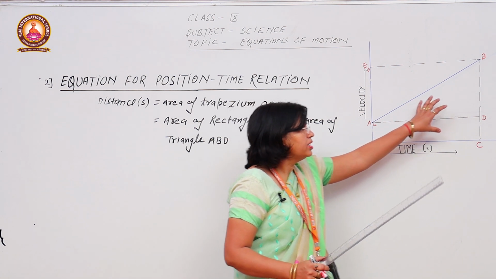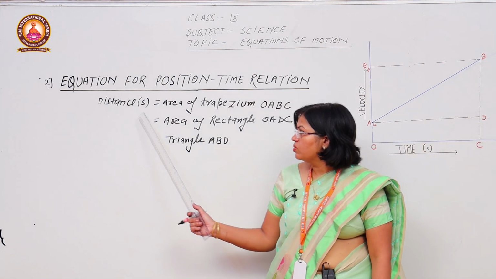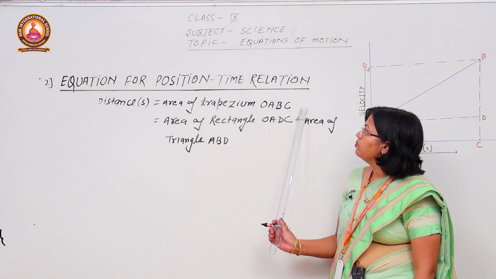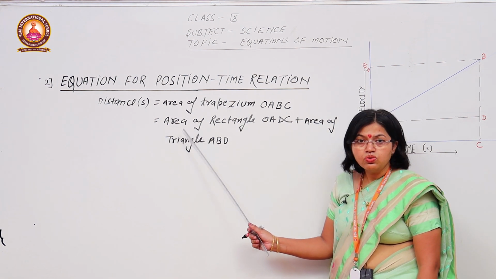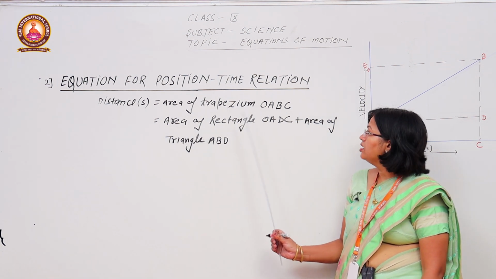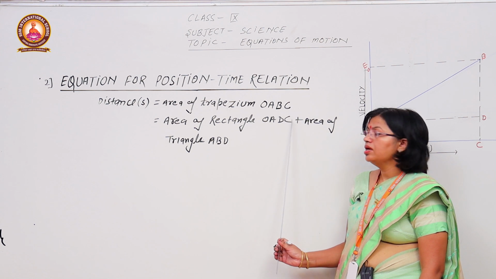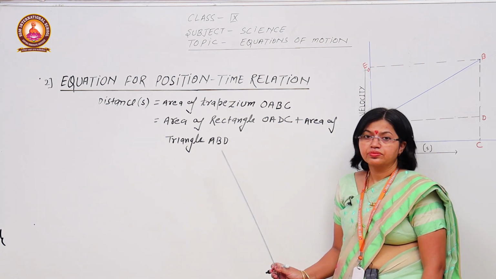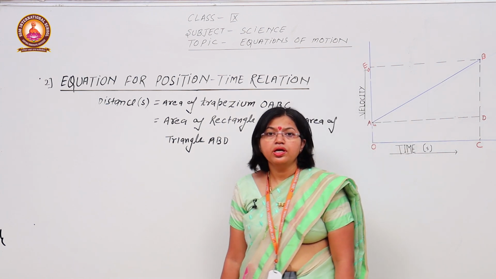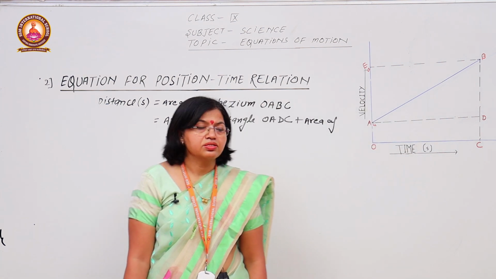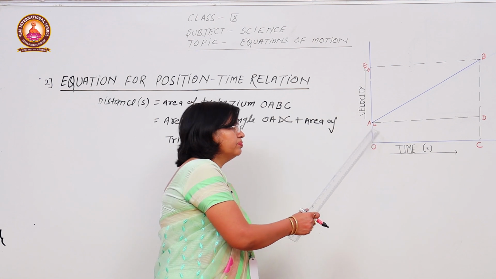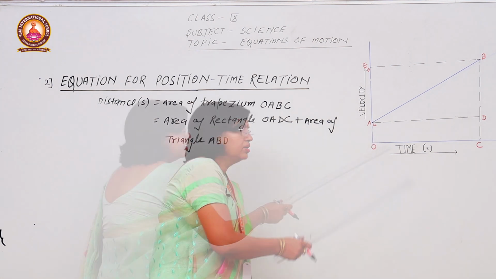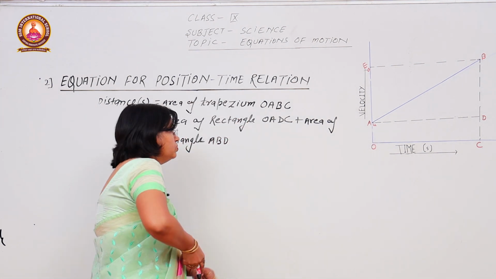Therefore, we can write the area of trapezium OABC is equal to the area of rectangle OADC plus the area of triangle ABD. Do you know the formula for the area of a rectangle? Yes, that is length into breadth, that is OA into OC.